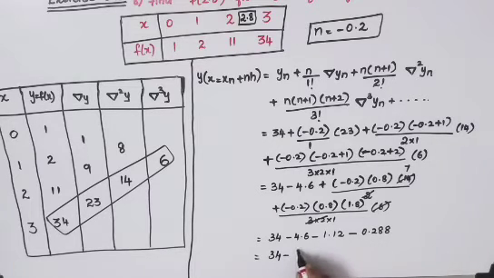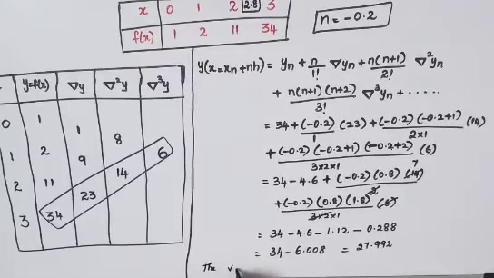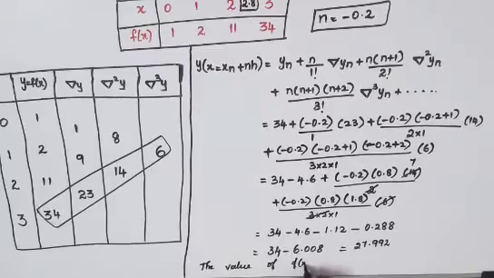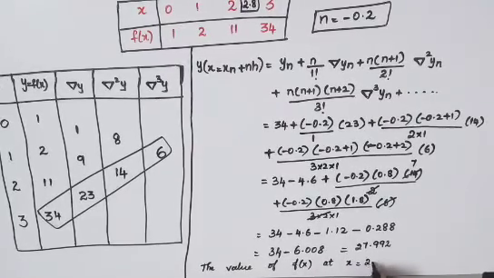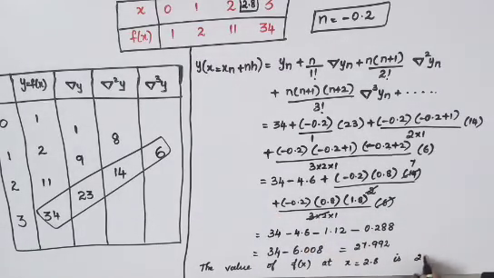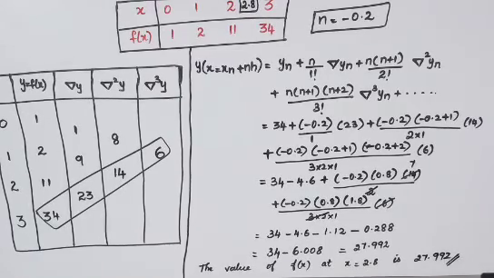So your answer will be 6.008. Now subtracting 34 minus 6.008, you will get your answer 27.992. The value of f of x at x equal to 2.8, which is what they have asked, is 27.992. So this is the answer for your 8th question.